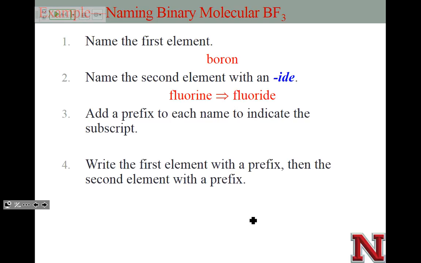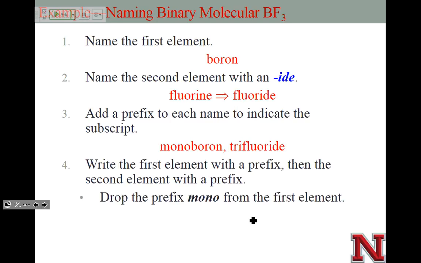So it's going to be boron, and we don't have a prefix because it's only one of them, so we don't say anything. And then our fluorine, we have 3, so it's trifluoride. We drop the mono from the first element, so it's boron trifluoride. And we do show a space between those two.